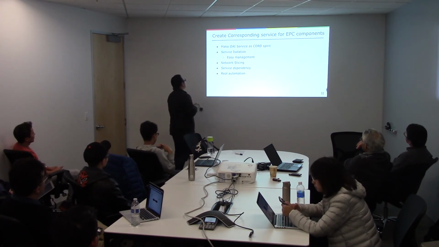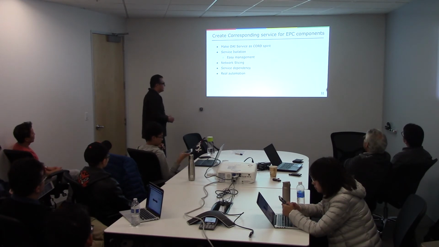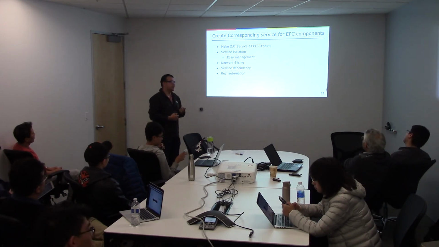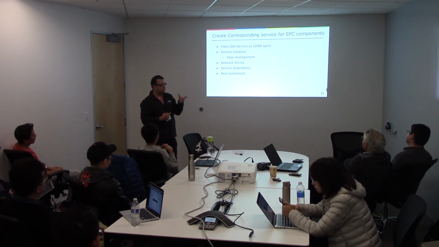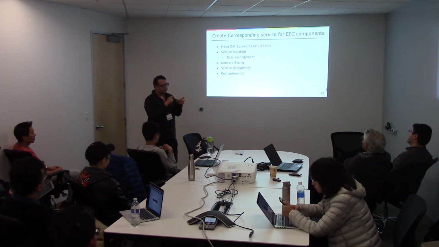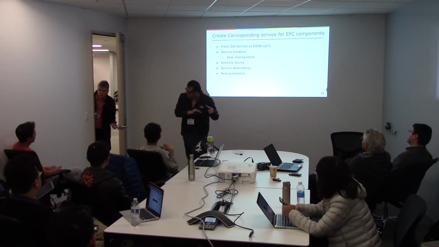The next thing we need to do is to create a corresponding service for each EPC component, because for now we only have one service called the OAI EPC service, and this service controls 3 different instance components.